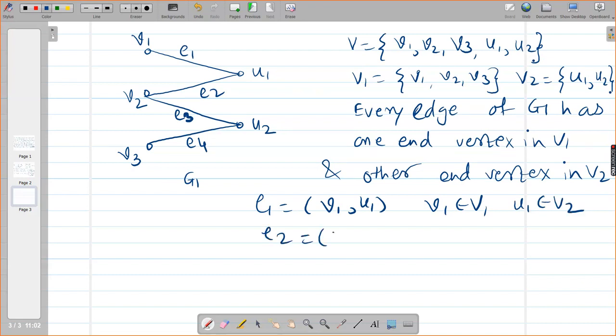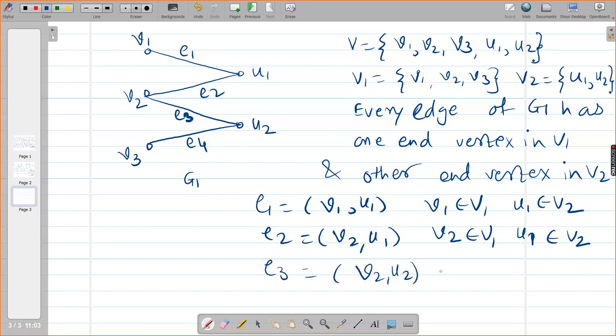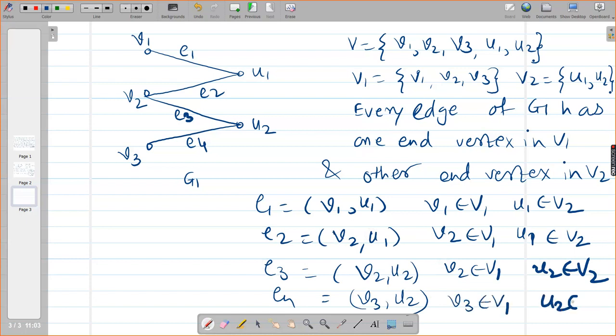E2, however you read it, no problem: V2 belongs to V1, U1 belongs to V2. Then E3, V2, U2. So V2 belongs to V1, U2 belongs to V2. And E4 is V3, U2. So V3 belongs to V1, U2 belongs to V2. So this is a bipartite graph, right?